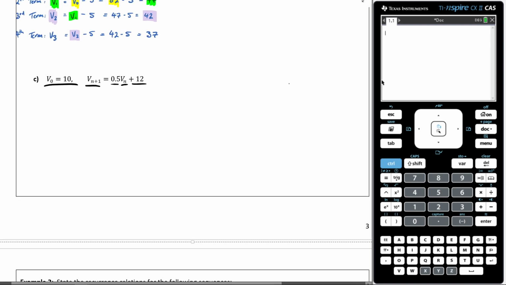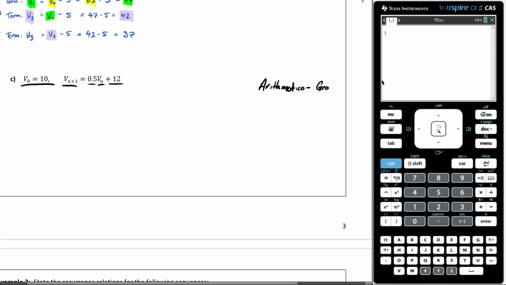We call this arithmetic-geometric. Now, we don't know whether or not it's going to be growth or decay yet.